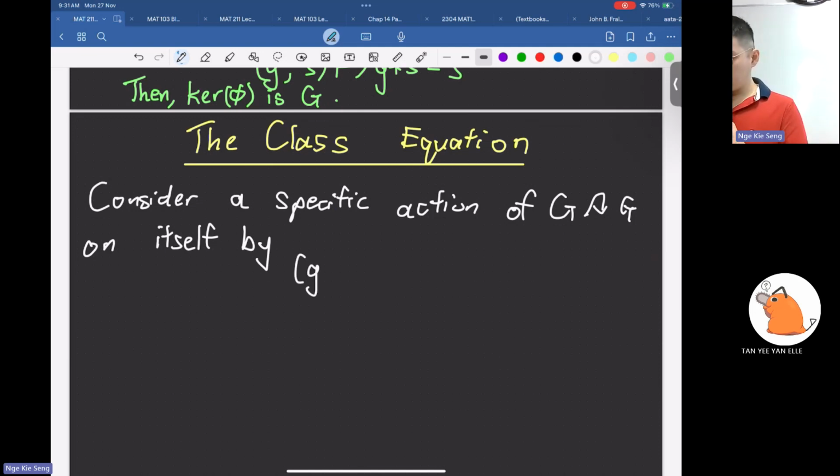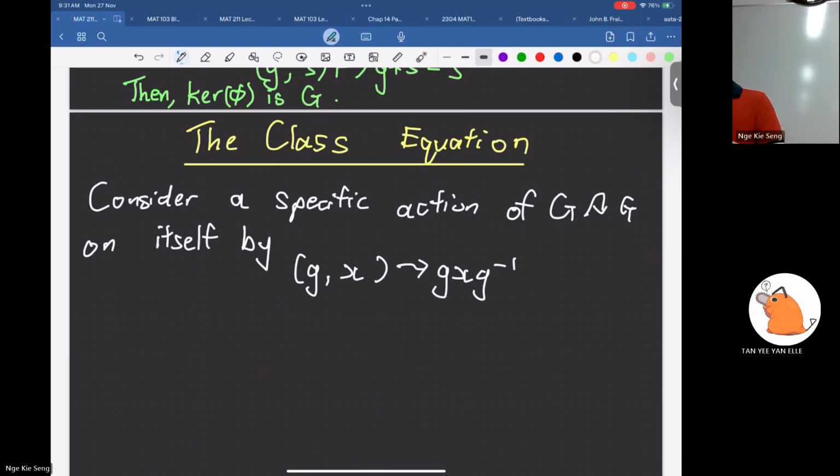So what we'll do here is use conjugation. This is called the conjugation.